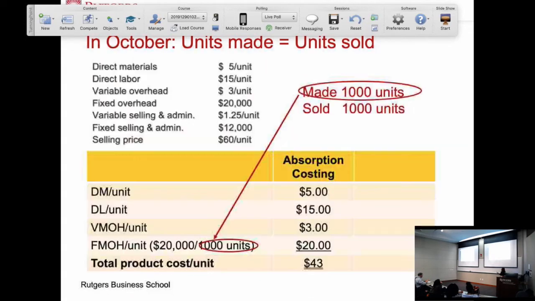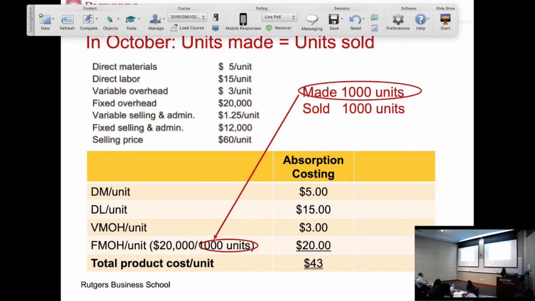And given the cost information, I asked you to calculate the unit product cost under variable costing and absorption costing. Under absorption costing, if we want to calculate the unit product cost, we are going to consider the fixed overhead as part of the product cost, right?